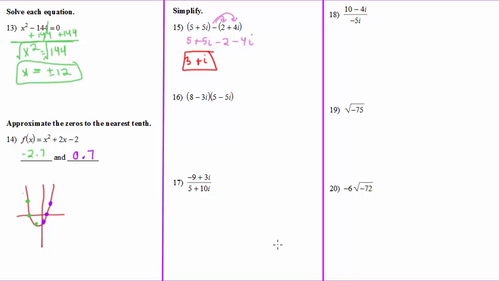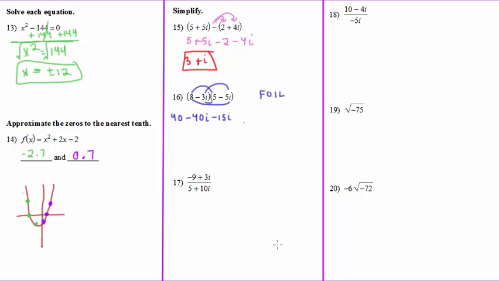Here I don't have anything in between my parentheses, so I'm multiplying, which means I need to FOIL. So first, 8 times 5 is 40. Outer, 8 times negative 5i is negative 40i. Inner, negative 3i times 5 is negative 15i.